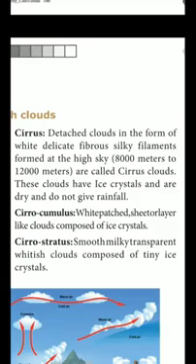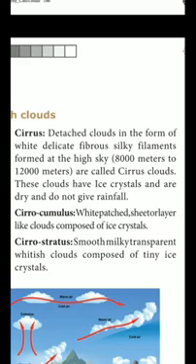Cirrus. Cirrus means what? It is the detached clouds in the form of white, delicate, fibrous, silky filament. It looks like a white color filament. Filament means you can see in the bulb, in the center, isn't it? Filament. It will be very thin, formed at the high sky.